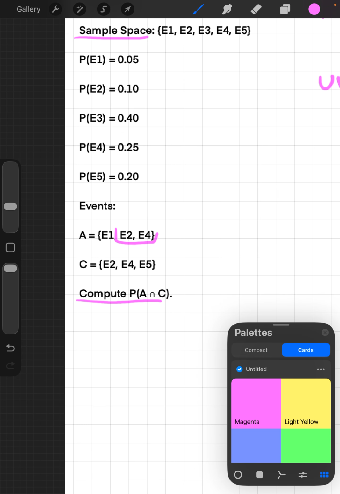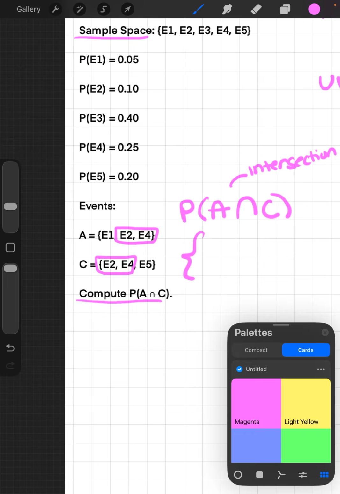I see 2 and I see these 2. P of A sad face C, this is the intersection. So this is E2, and then I have E4.